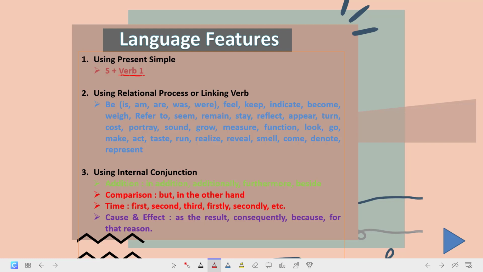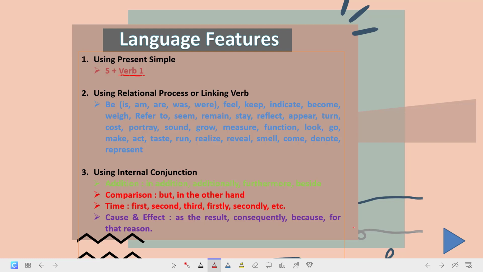The second one is comparison, like but, on the other hand. The third is time, like first, second, third, or maybe firstly, secondly, then, etc. And the last is cause and effect, for example, as a result, consequently, because, for that reason, and etc.